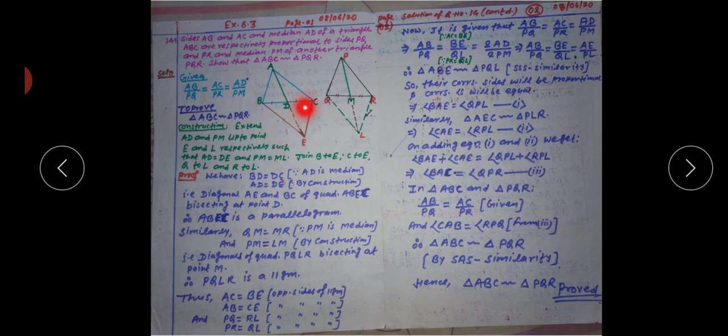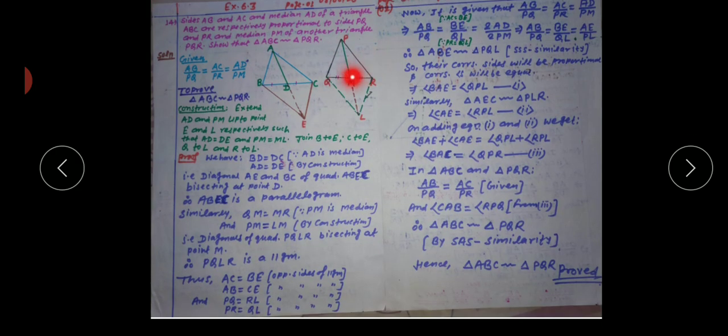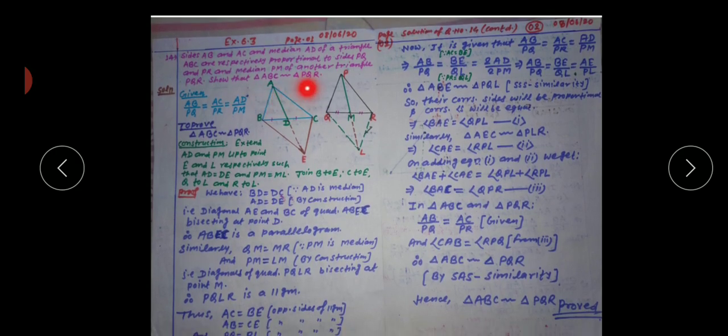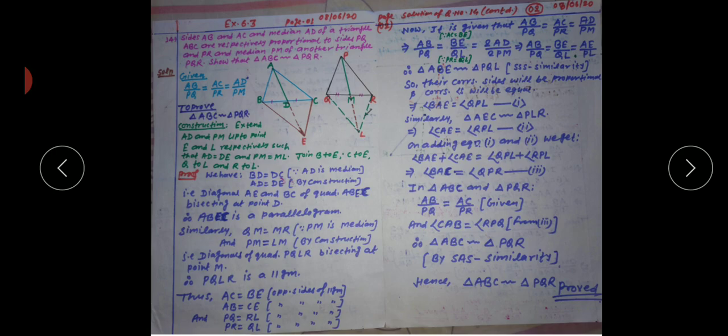Therefore, the corresponding sides of these two triangles ABE and PQL have become proportional. So triangle ABE will be similar to triangle PQL by SSS similarity.